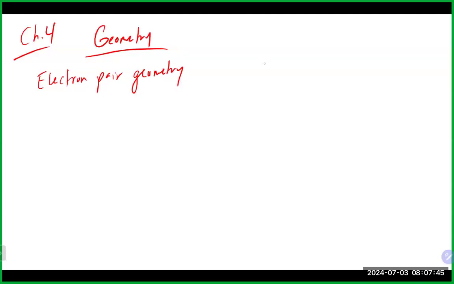And then with that, based on the number of electron pairs that are present and the number of bonds, we also had the molecular geometry, which sometimes people will call the shape of it. When we're doing geometry, there's really a couple things that we want to do.